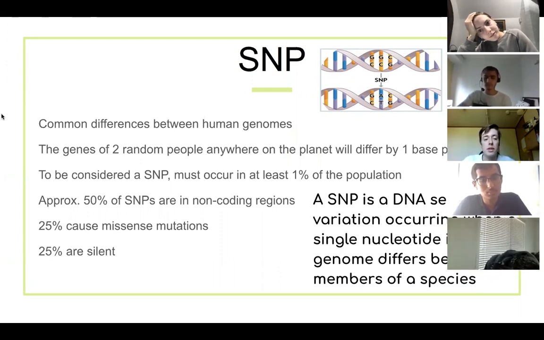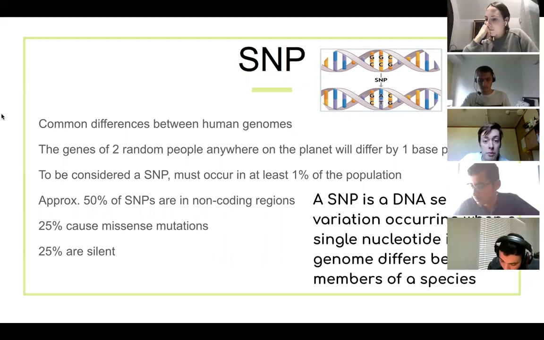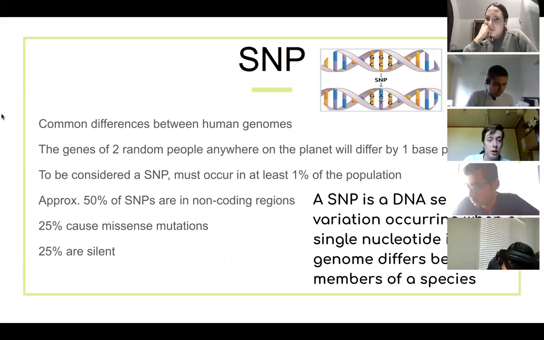It's a DNA sequence variation occurring at a single nucleotide. In the picture here, GGC becomes GAC. That's the SNP, because that's the difference of one nucleotide in the genome.